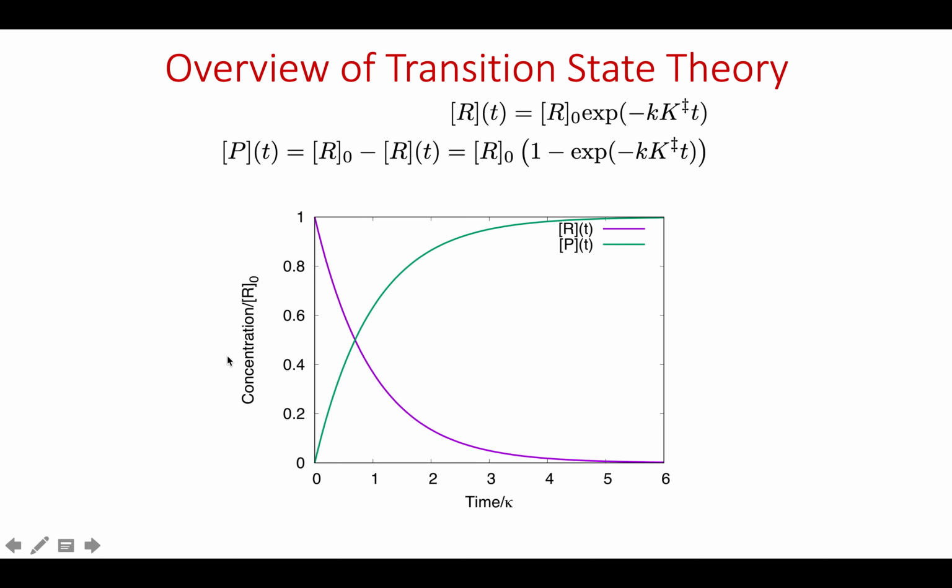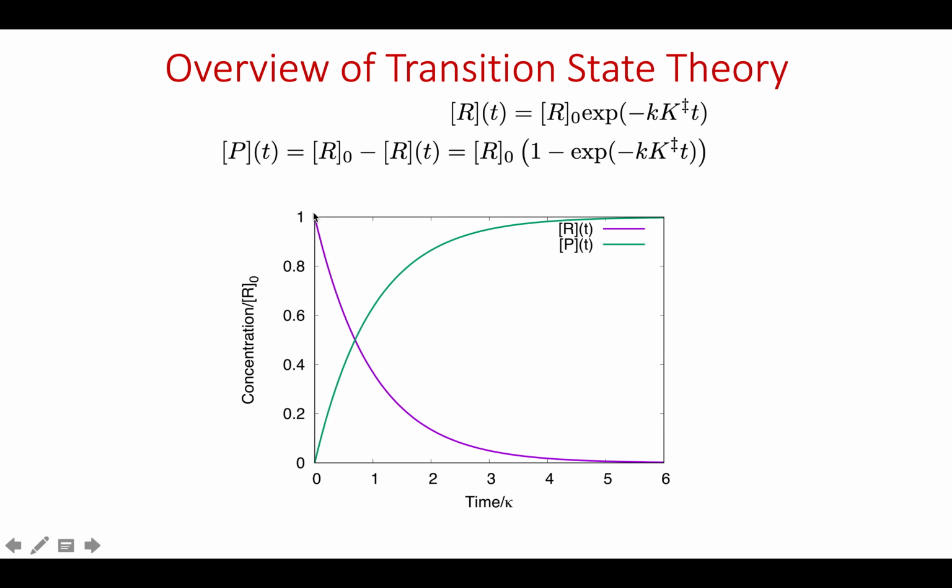On the y-axis, I have concentration divided by initial concentration. So of course, no matter what the initial concentration is, that instantaneous concentration divided by initial concentration will always be 1 at the beginning of the reaction, just by definition. So make sure you can convince yourself of that.